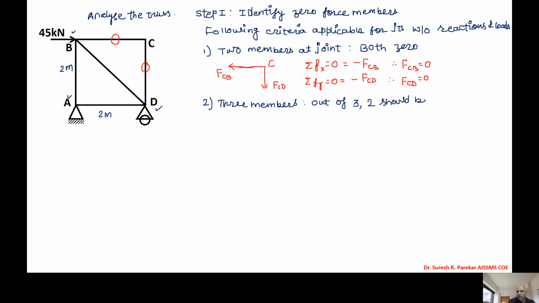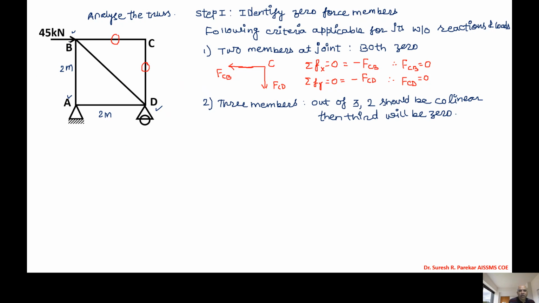Then the third will be 0. So we have these two criteria.